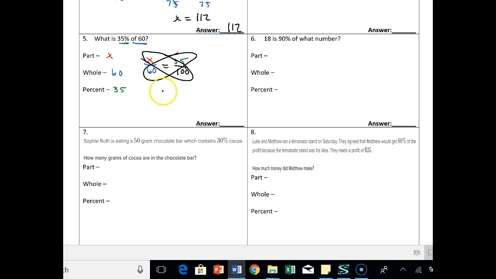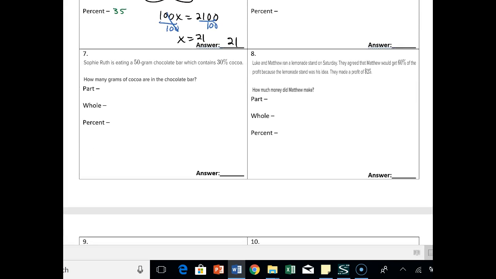X times 100 is 100x equal to 60 times 35, which is 2100. Divide by 100. We get our answer of x is equal to 21. So, sorry, 21. 21 is 35% of 60. That makes sense because half of 60 or 50% of 60 is 30. So our answer's got to be less than 30, and our answer is less than 30.